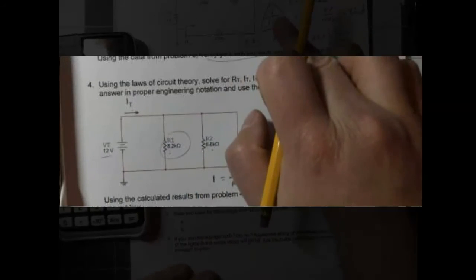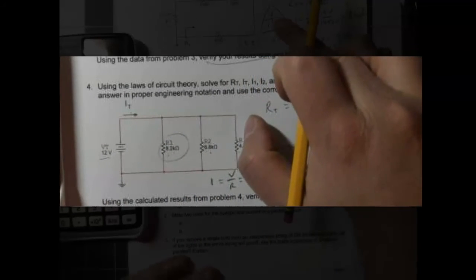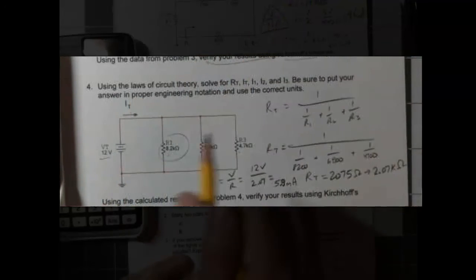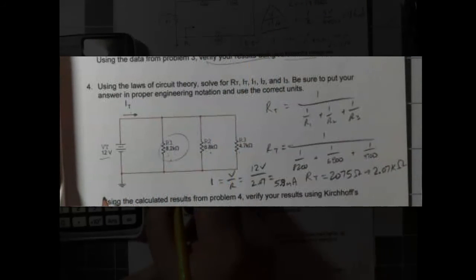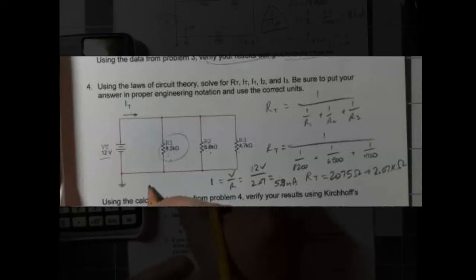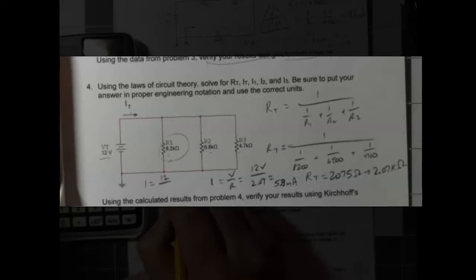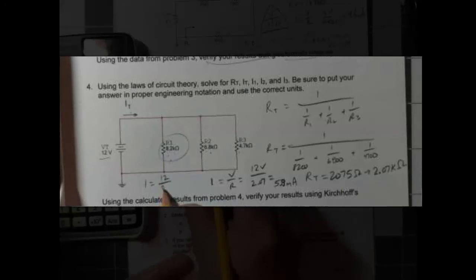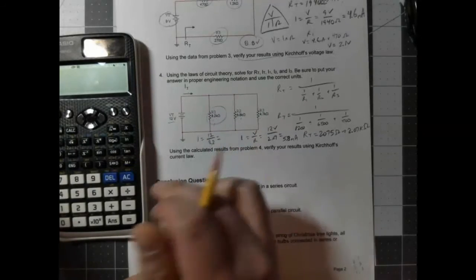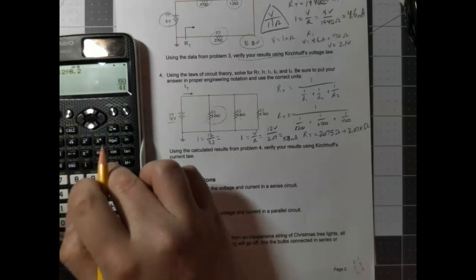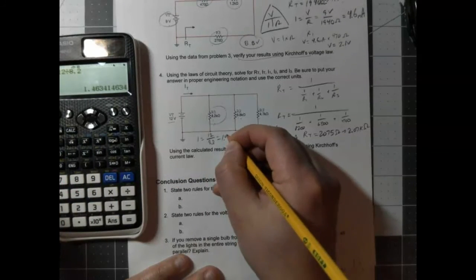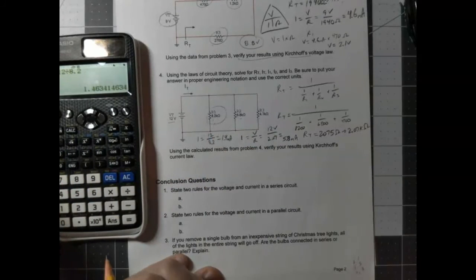So we cover up our I, since we need the I. For this one, I equals 12 divided by 8.2. 12 divided by 8.2, we get 1.4 milliamps across this one. And you can do the same for these guys over here.